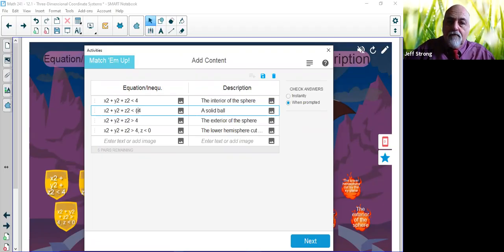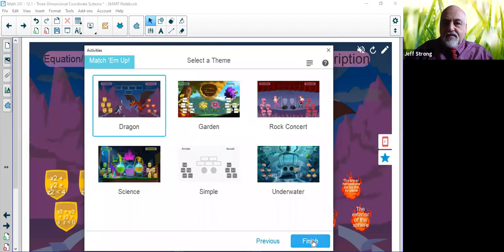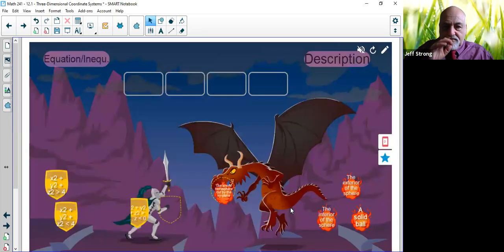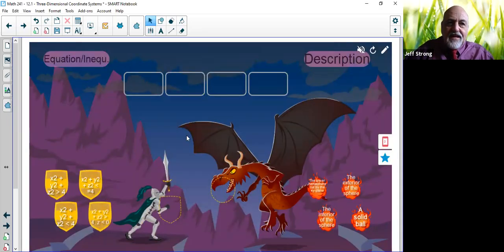I'll add in an equal and see if that helps. Yeah, it's not much better, but at least it's a little more accurate this time.